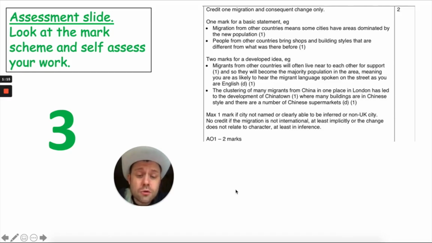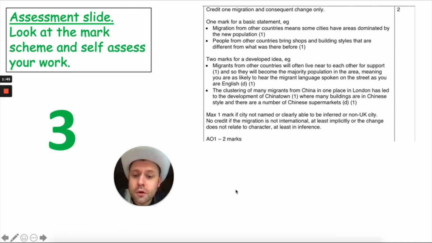You could also talk about the language. In Chinatown, you're more likely to hear people talk in another language. You could have talked about the distribution of people. When we looked at the distribution of people of Asian ethnic origin, it was generally in the inner city areas, and it makes sense really.